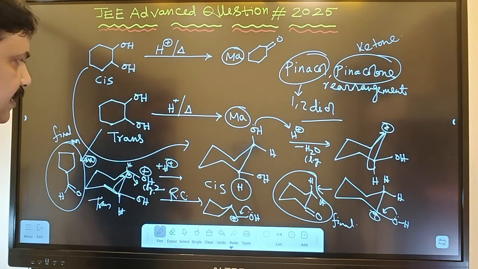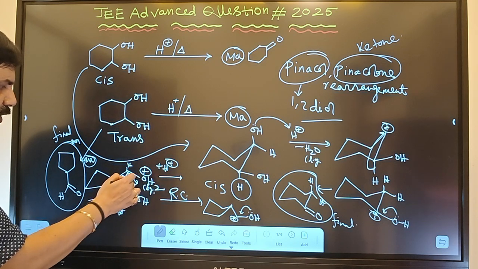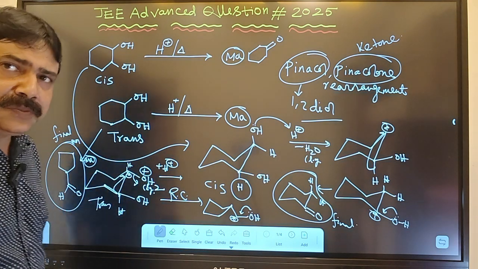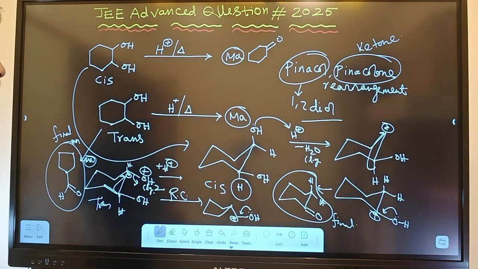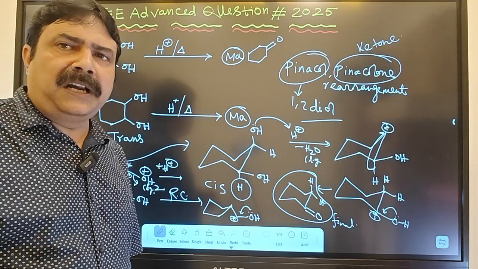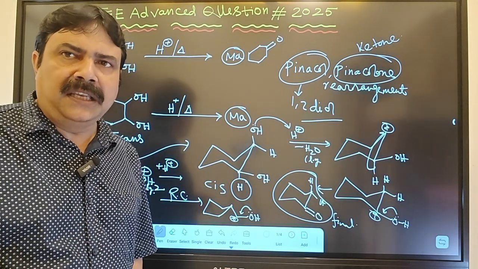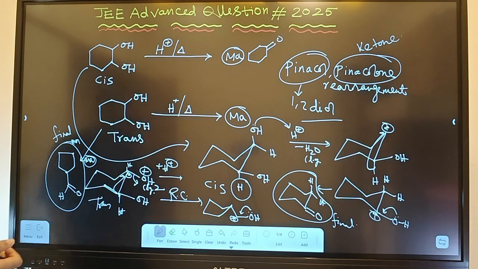Anti to the leaving group migration means both OH are equatorial, and then anti to the leaving group there is only the possibility of ring contraction. So ring contraction takes place, and the 6-membered ring is converted to a 5-membered ring, with a CHO group outside. That will be your final product.